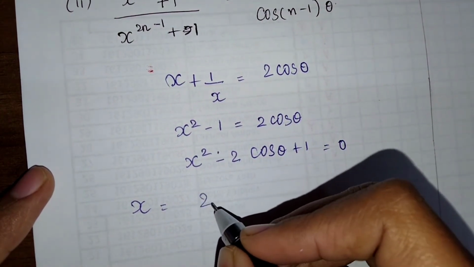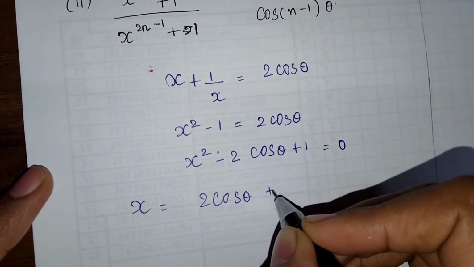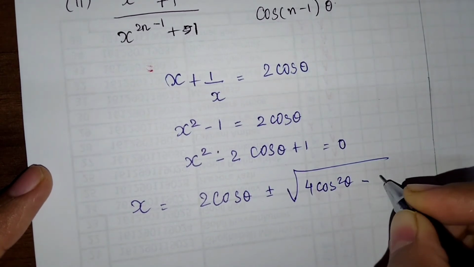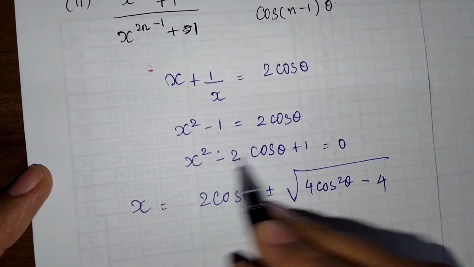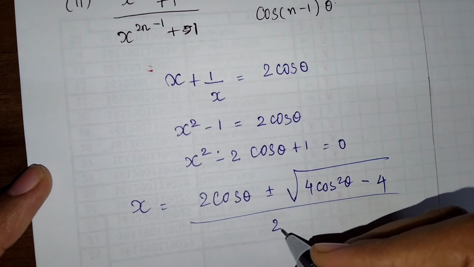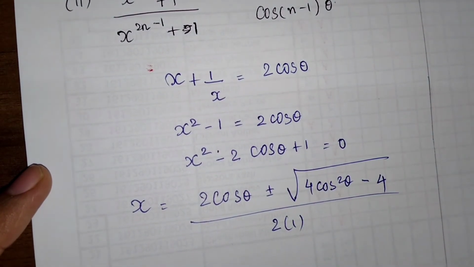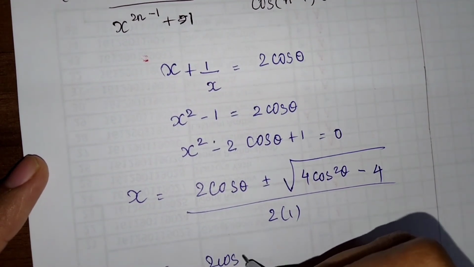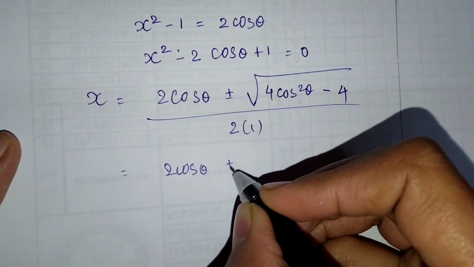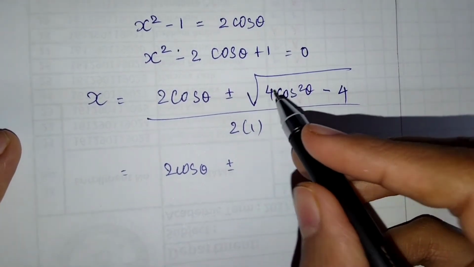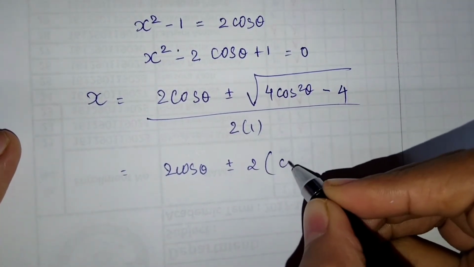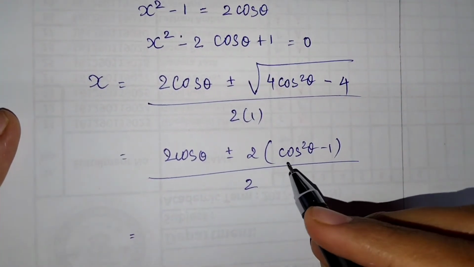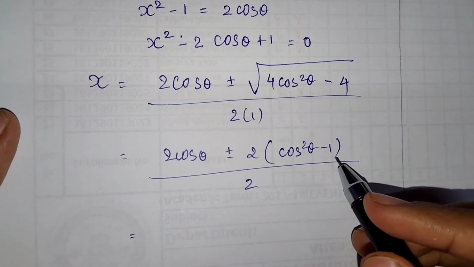That is minus b plus or minus under root b square minus 4ac, where ac is 1, upon 2a. Okay, that is 2 cos theta plus or minus, if we take 4 common here, then under root 4 will be 2, and cos square theta minus 1 upon 2. But we can write cos square theta minus 1 as minus sin square theta.